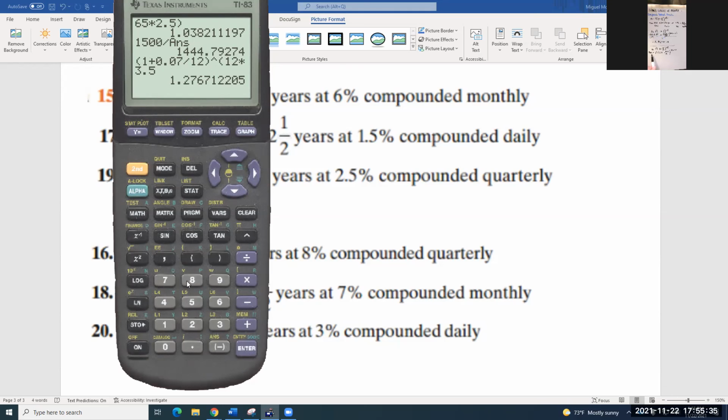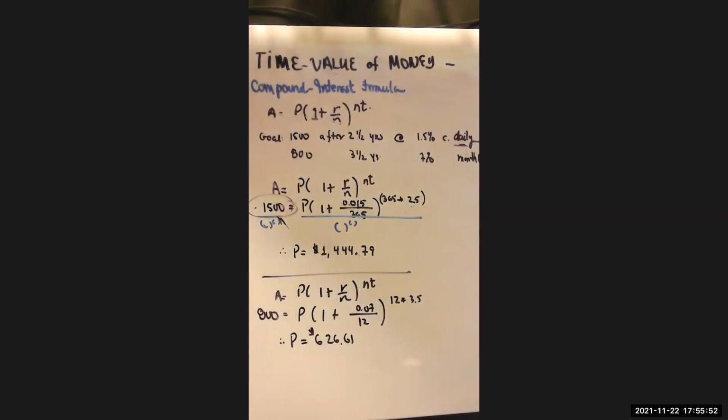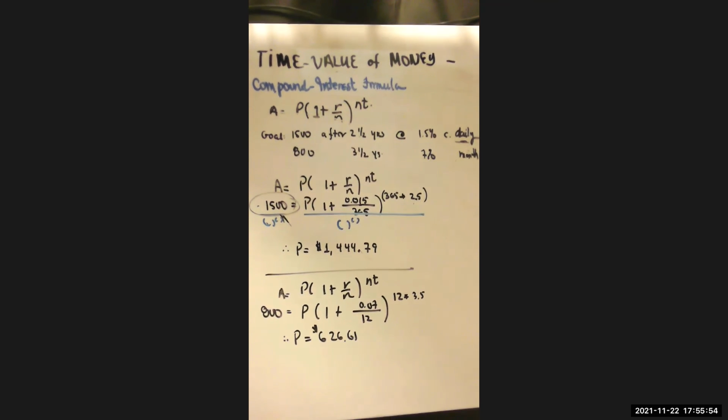Now I do my $800 divided by the second answer equals. So now in this case, P equals 626.61. Okay, so let's go ahead and stop sharing, and that will be it.